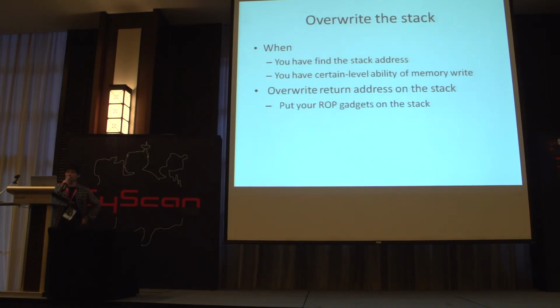And if you already find some stack address, and if you have the ability to write the stack, then you can simply overwrite the return address or put your ROP on the stack.